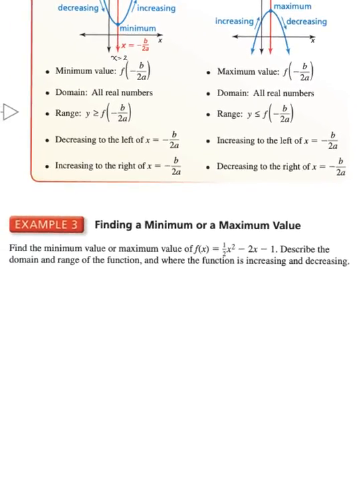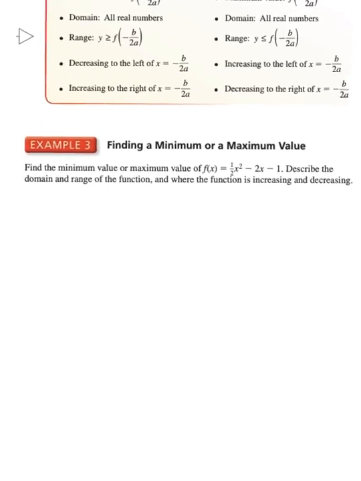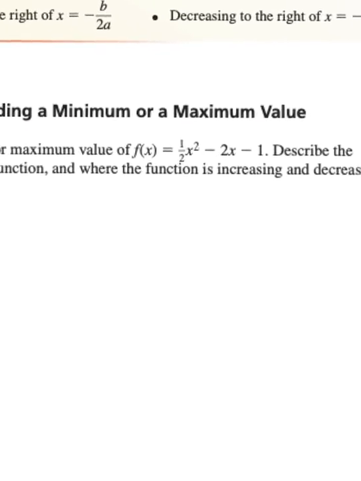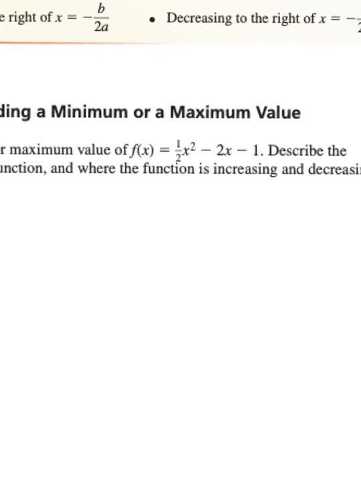Okay, so it says find the minimum or maximum value. For example 3, find the minimum or the maximum value of this function here: f(x) = 1/2 x² - 2x - 1.